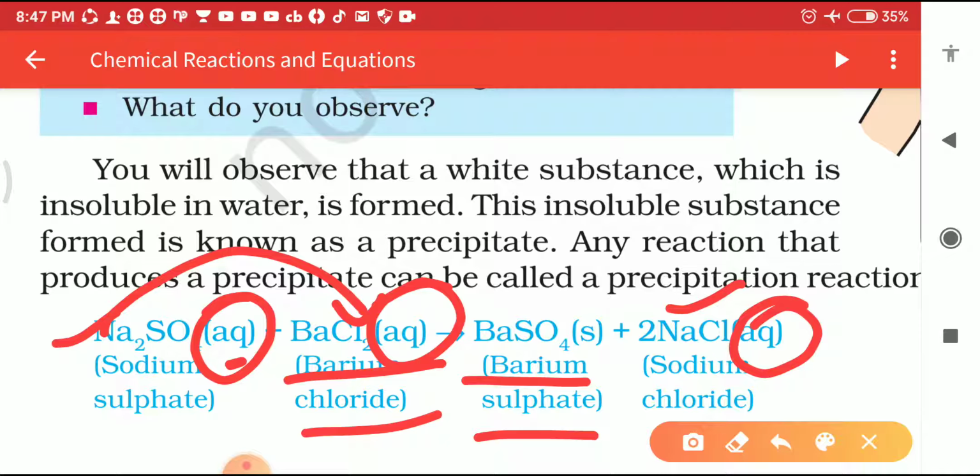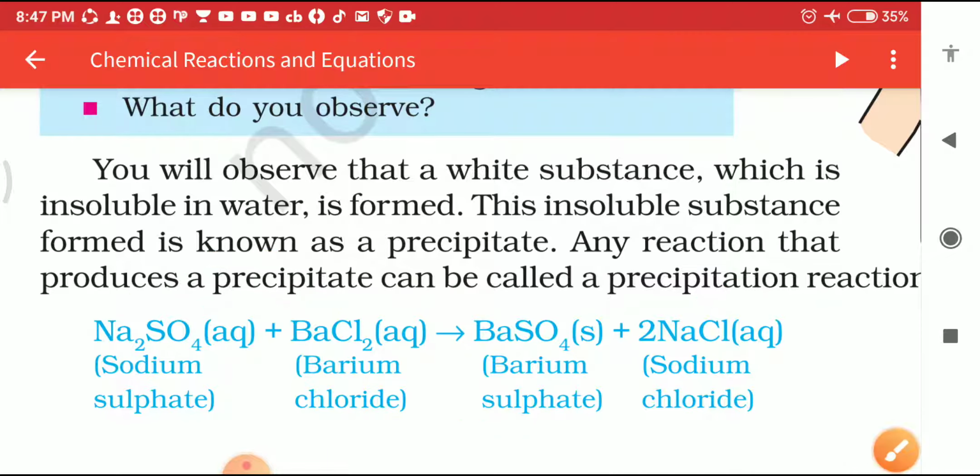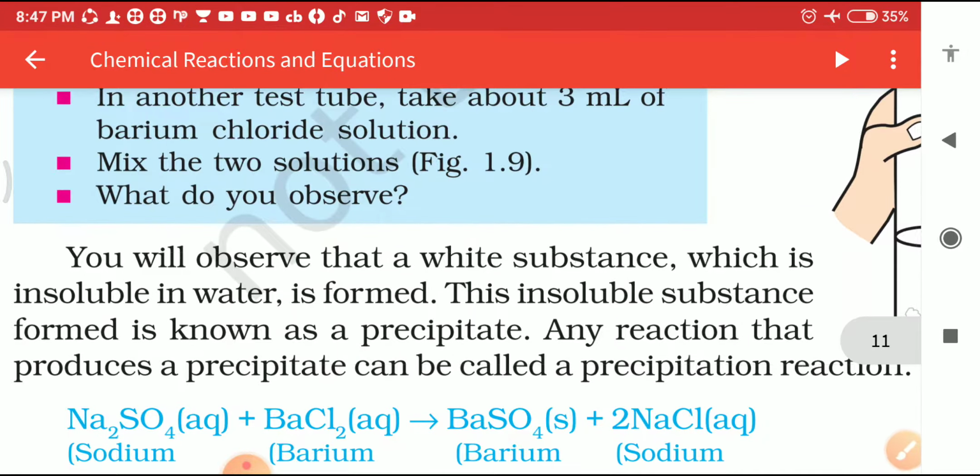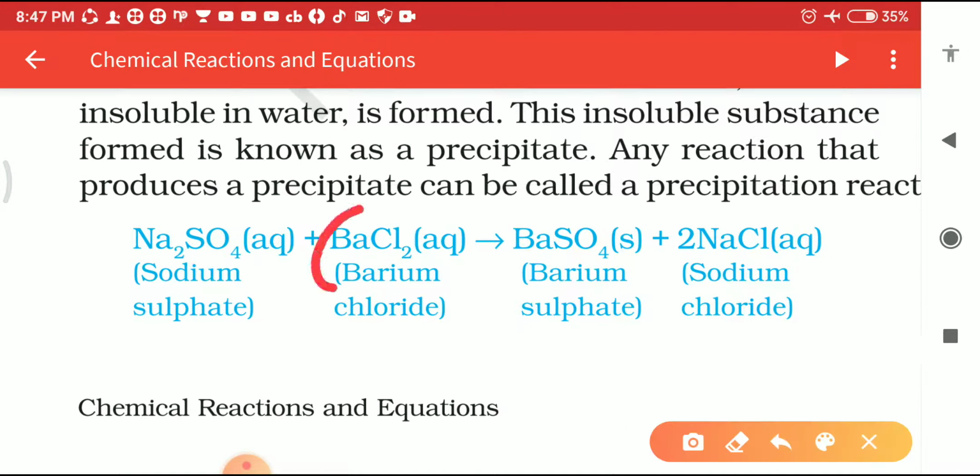Now students, how does it happen in the double displacement reaction? See here. Here are barium ions, Ba2+.